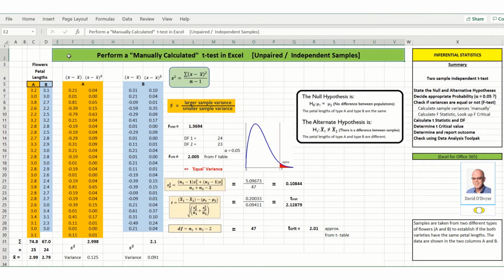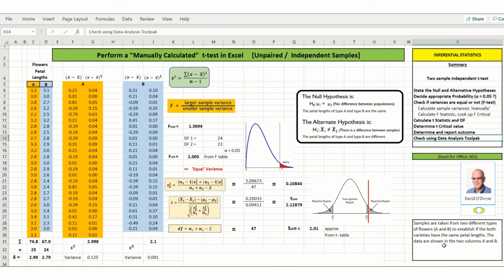So our t-critical value from the table is 2.01 approximately, and our calculated value for the t-statistic is 2.12879. So what does that mean? If we look at the t distribution, we can see that our 2.12879 falls just inside the rejection region.